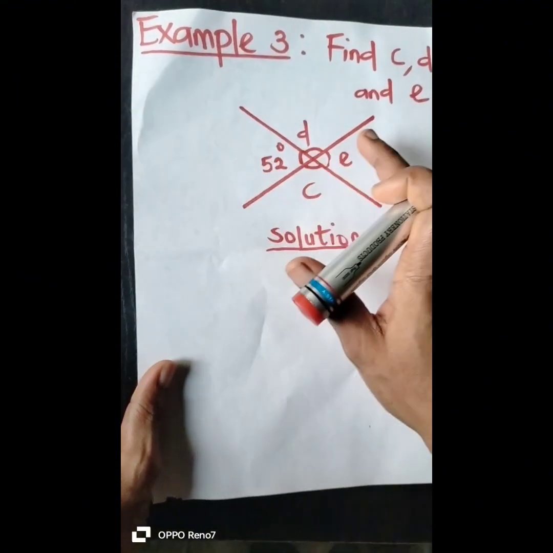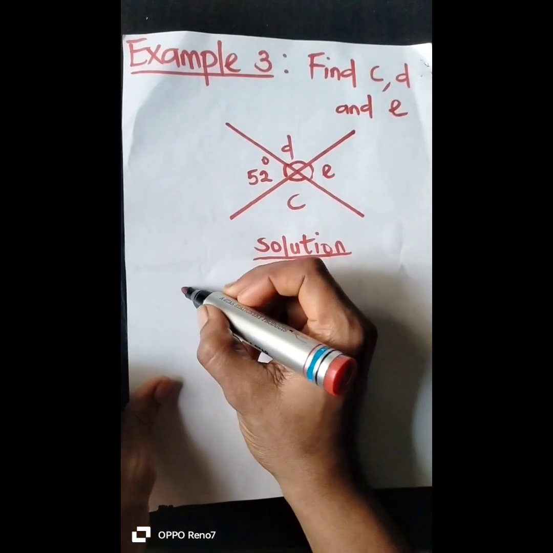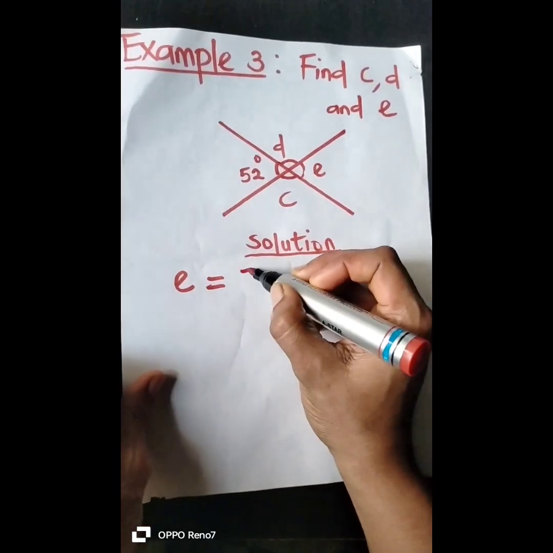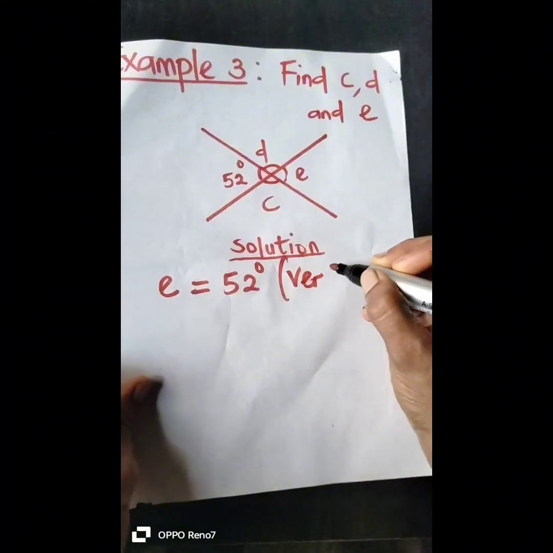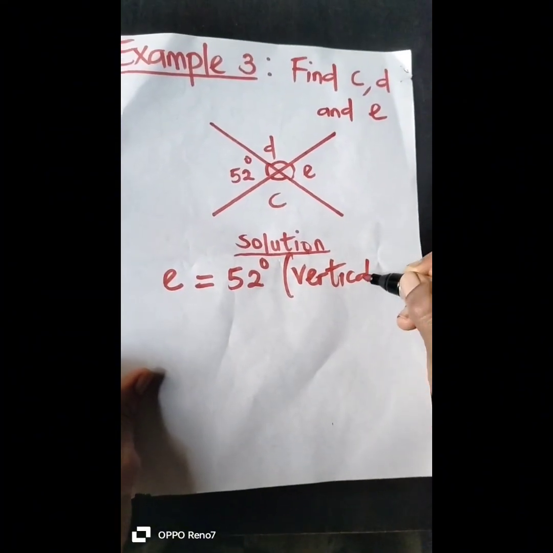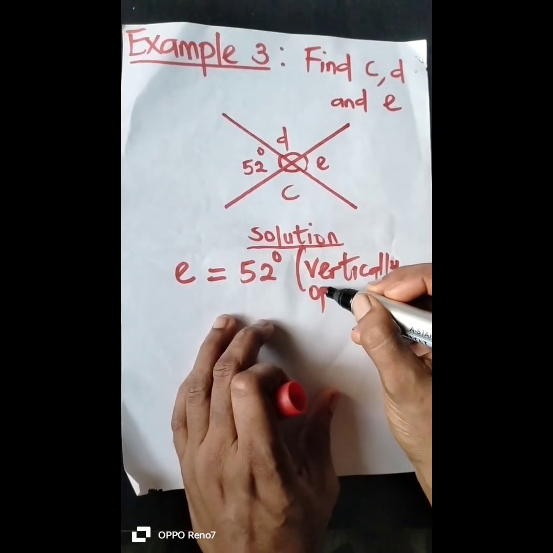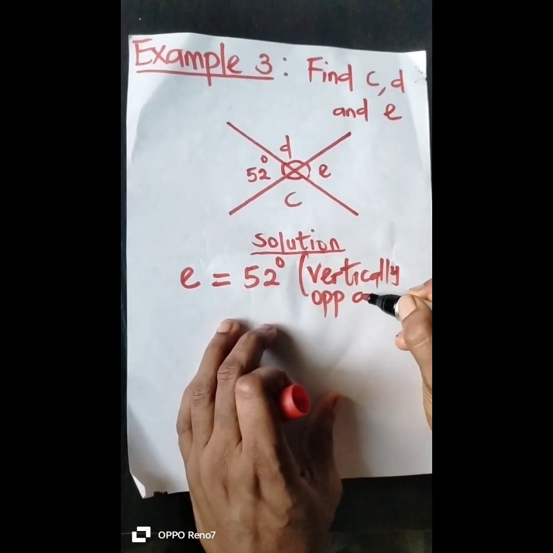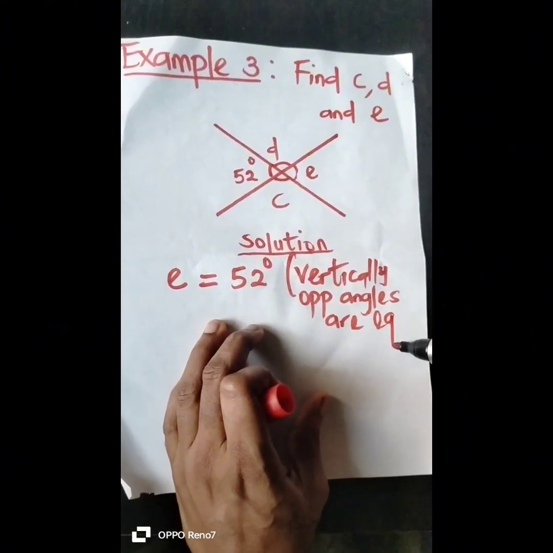That means this angle is equal to this angle. So we are going to write it as E is equal to 52 degrees, and write the reason: vertically opposite angles are equal.